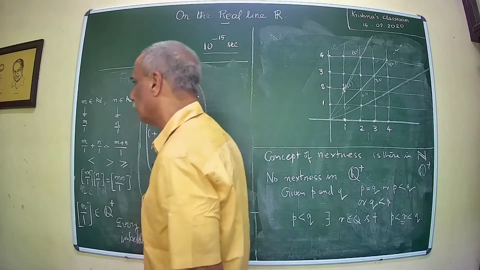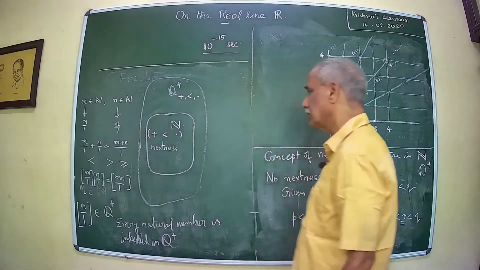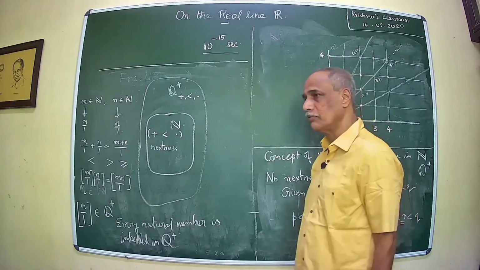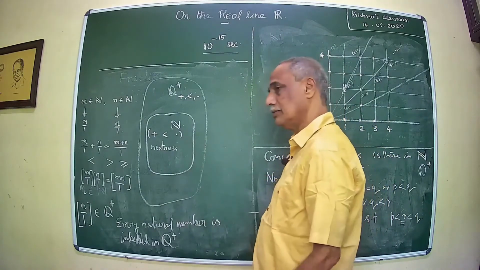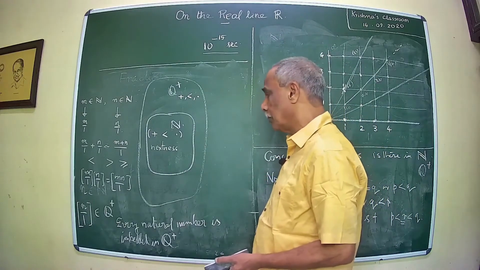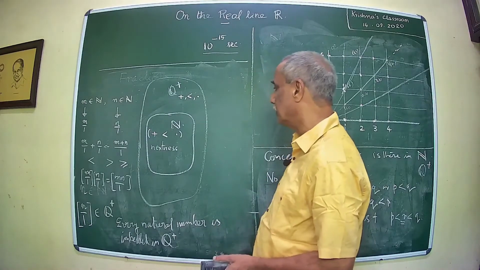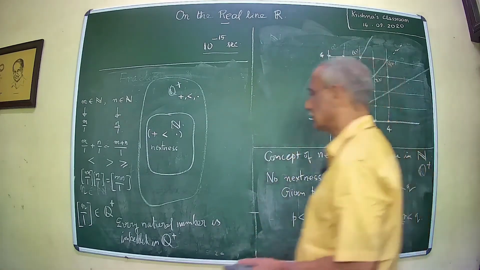So you see multiplication also is an extension of the concept of addition or multiplication on N. But with one casualty, namely the nextness is lost.